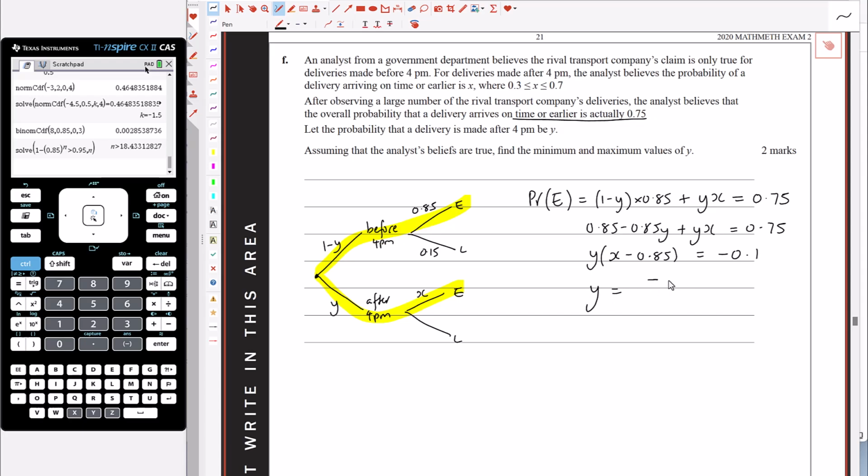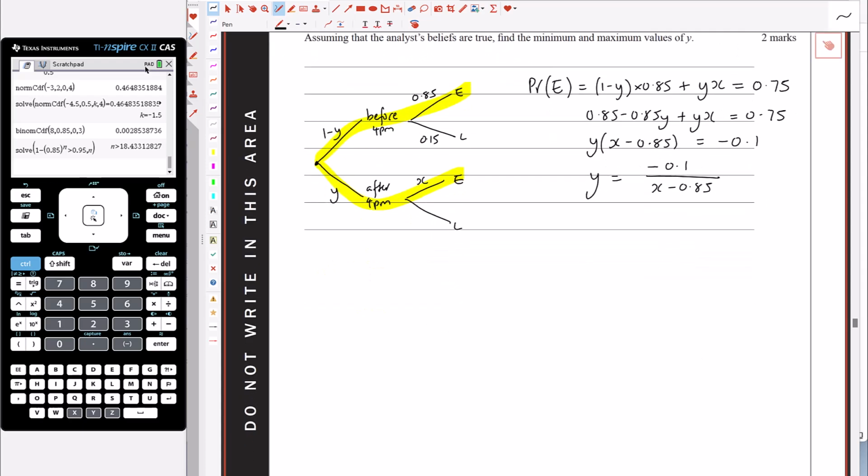So y is negative 0.1 over x minus 0.85. So we have this relationship between x and y. It's a hyperbola translated to the right by 0.85 and reflected, and not up or down.